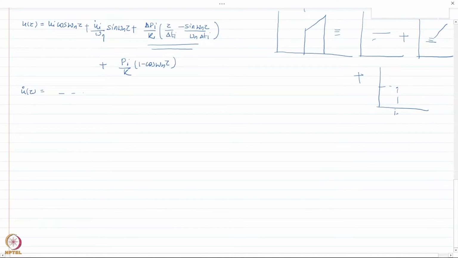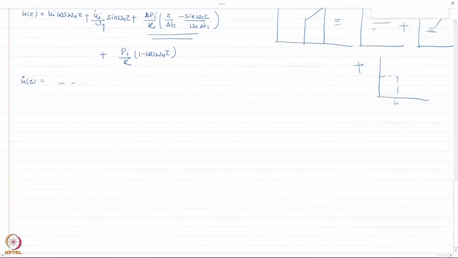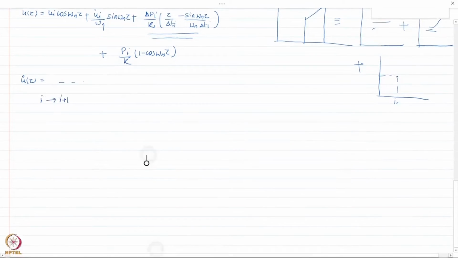The next thing I need to do, remember what I want: given the state at i, I want to go to i+1. So I substitute my time variable tau equal to delta t_i.